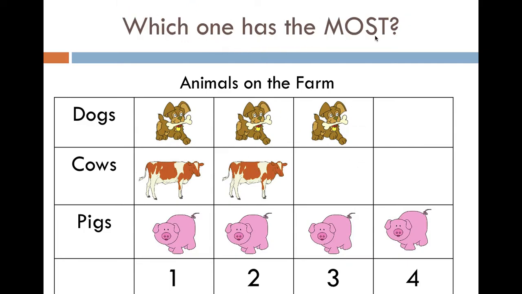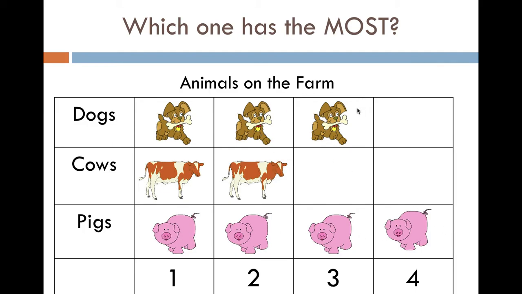Which one has the most? Most means it's more. Which row has more in it? Just by, again, looking at the table, you can see that pigs fill up the whole row. They have 4.